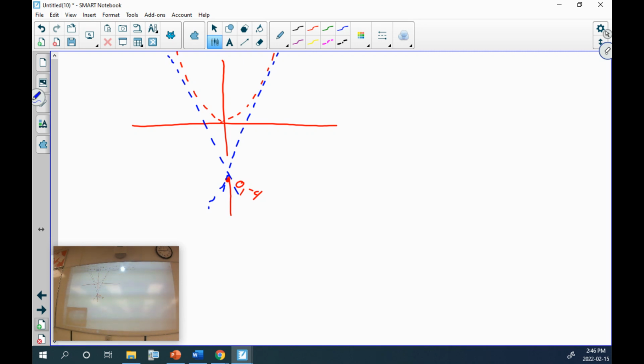Okay, so where do we go from here? Well, we go for the derivative, for one thing. Y prime is equal to 2x. This point over here is going to be x, y.